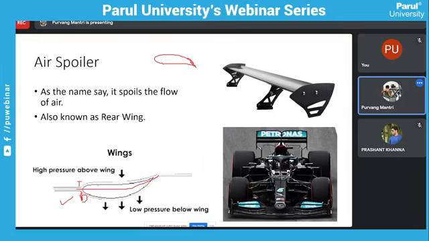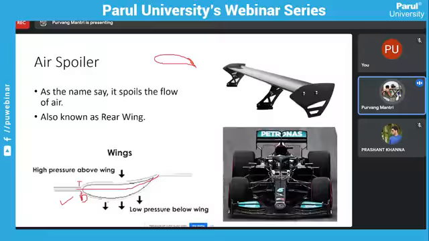On the top section, the wing has lesser surface area, the length of the surface is lesser compared to the bottom surface of the wing. So the air has to travel a farther distance on the bottom of the wing compared to the top section. When the air has to travel a farther distance, it tends to travel faster. It travels quickly. It adheres to that particular surface, and its velocity increases.